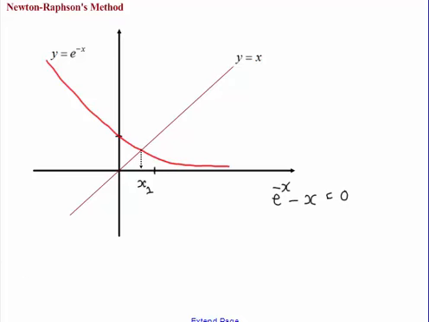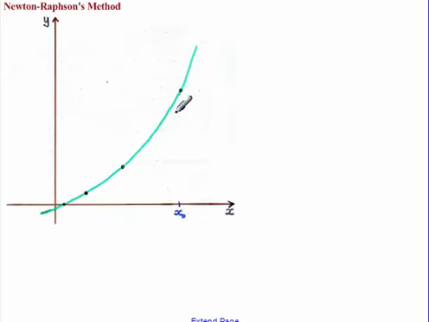So now let's start it this way. There is a graph of a function. This function, I don't even care what is the expression for f of x. Let's just suppose it's an expression which is similar to the function which we get when we say f of x equals to e to the power minus x minus x. So when we set this equation to 0, we're solving that equation.